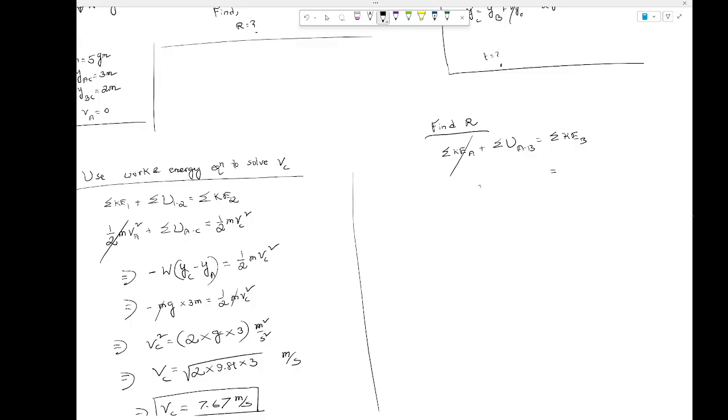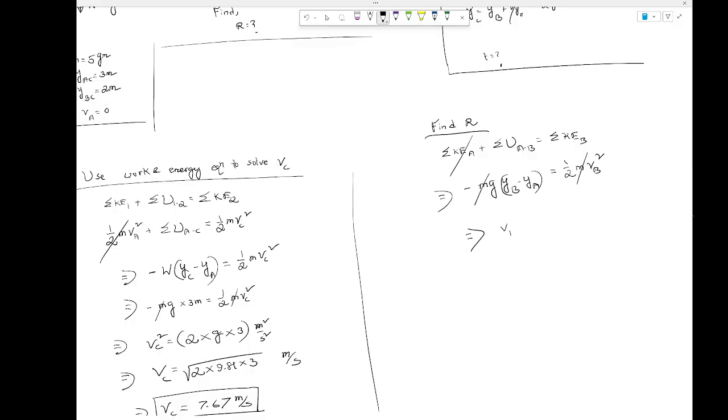A to B, and then in this case, similarly, you're going to do YB minus YA. By the way, this is 3 minus 2, that distance I'm talking about. Half of m VB square, right? I explained it already, so I won't be doing the same thing. There is a negative because gravity is acting downward.